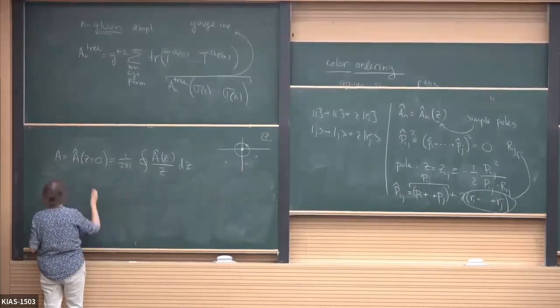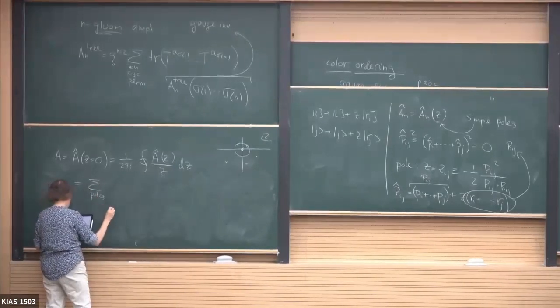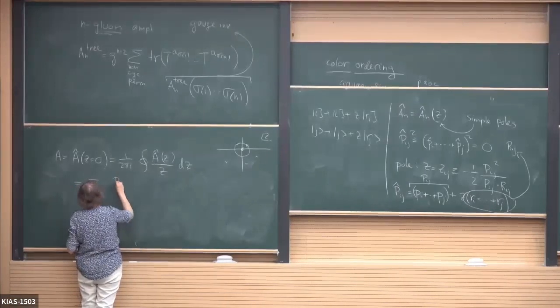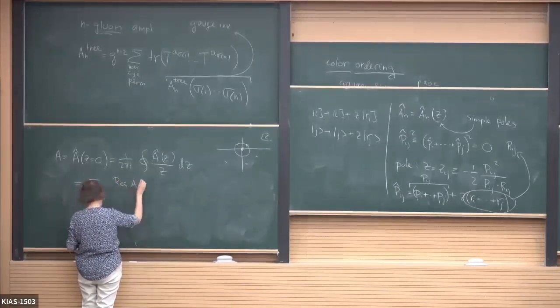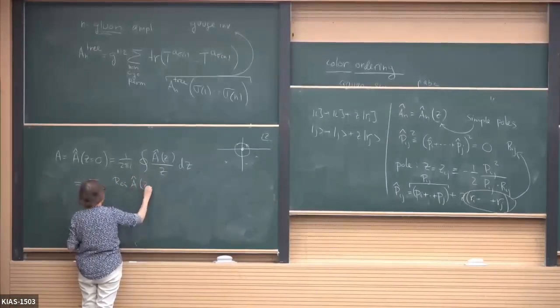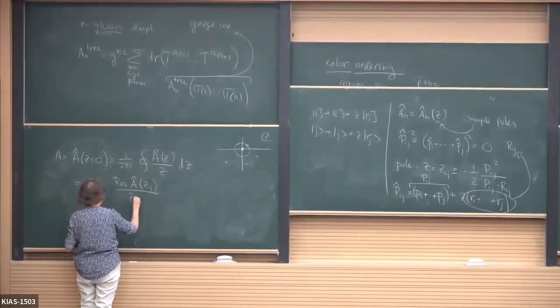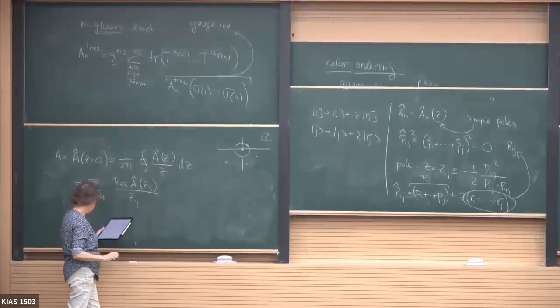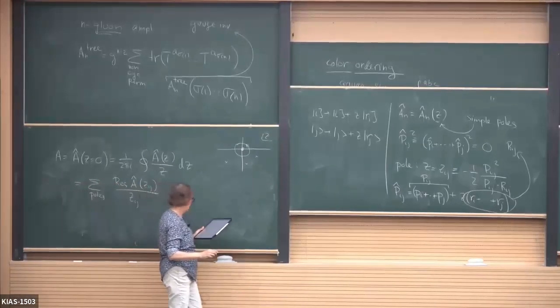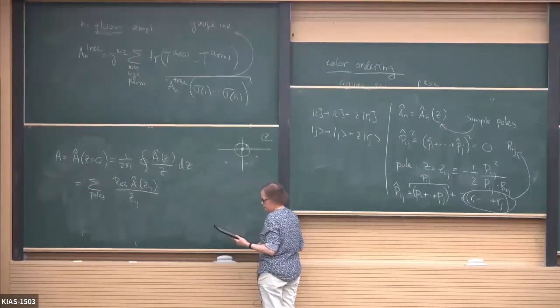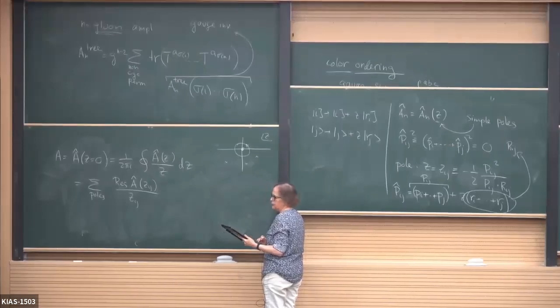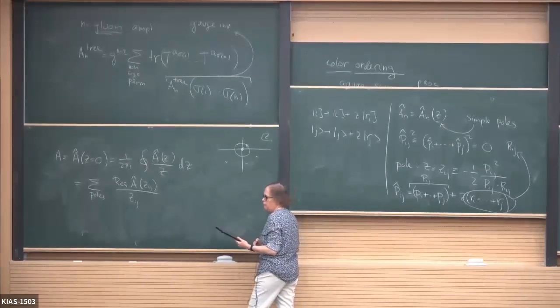So we can write this as the sum over all the poles, the residue of A at Zij divided by Zij. And that's really sort of the end of the story.